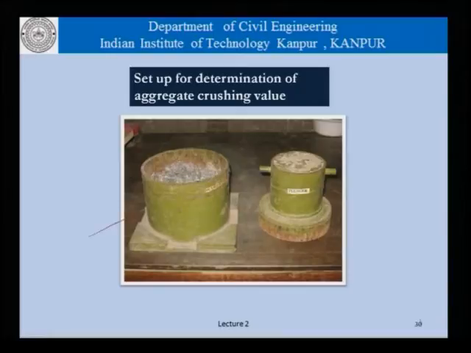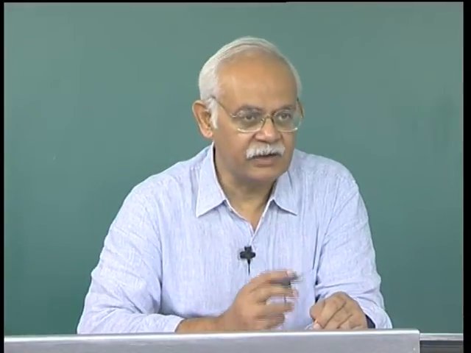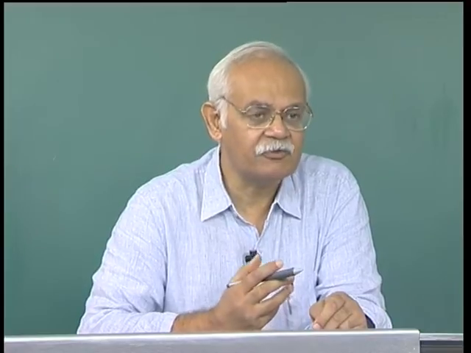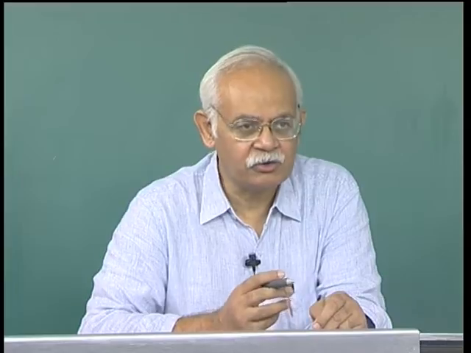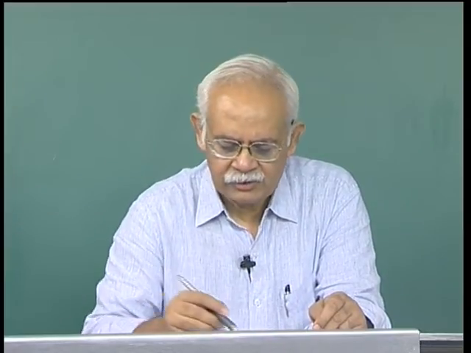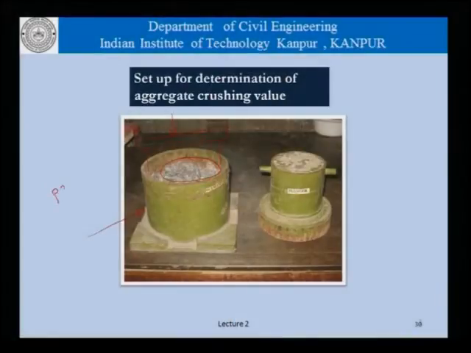This is the cylinder where the aggregates are filled. This is the plunger which is used over this cylinder at the time of load application. Naturally, the crushing value that we get, that is the amount of powder that is generated at the end of the test, will depend also on how the packing has been done.